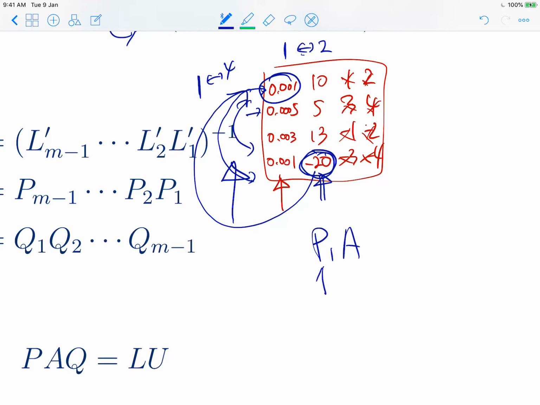So in general, we will apply P1. You know how to obtain this P1. We want to change the first and the fifth row, so we just select those elements and move them in this form, right? So this is the permutation matrix, the row permutation matrix or row interchange matrix.